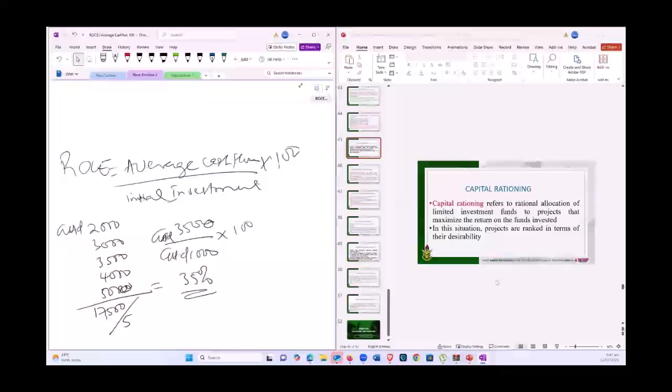And because of that, we need to do proper allocation of resources. For example, your funds are limited. The money you have is limited, so you need to use it wisely, allocate it wisely.